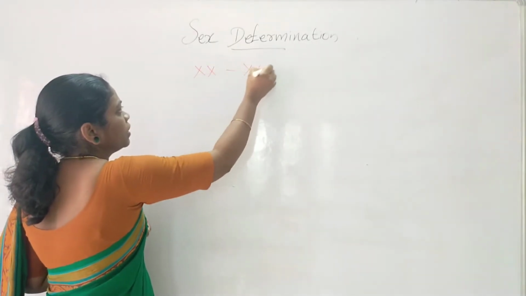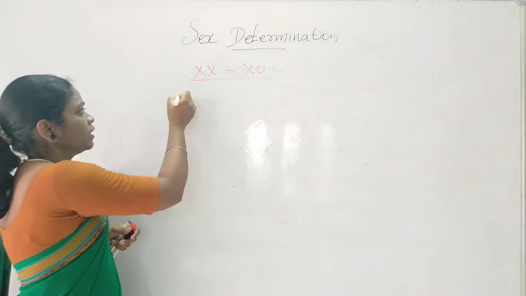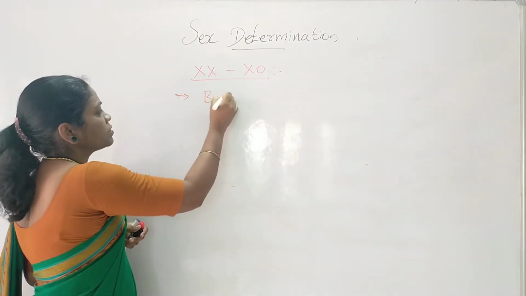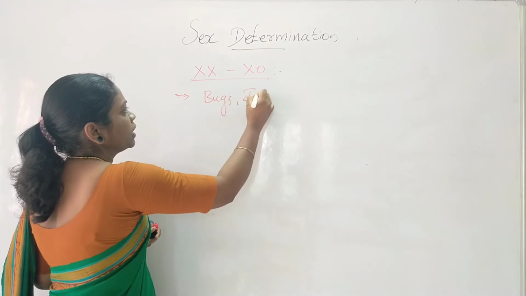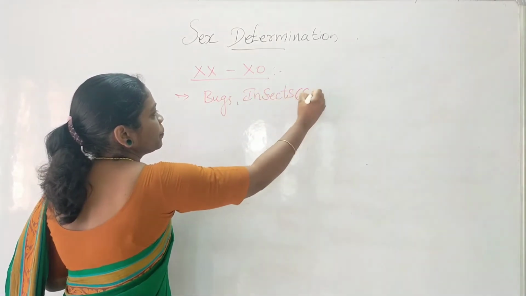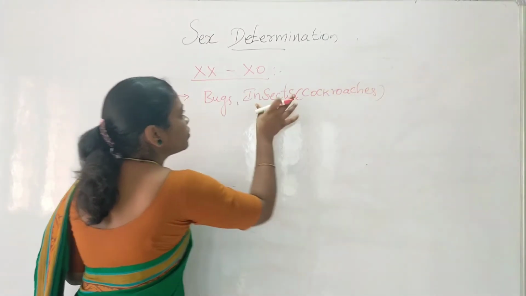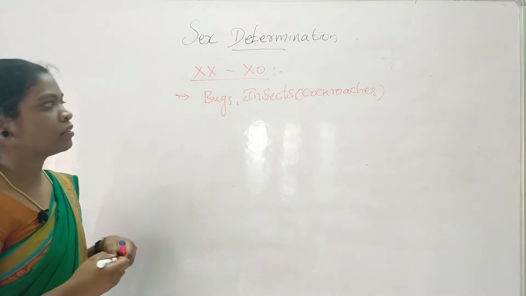XX, XO type. As I have told you earlier, it is seen in some bugs and insects like cockroaches. Cockroaches will have this type of sex determination.